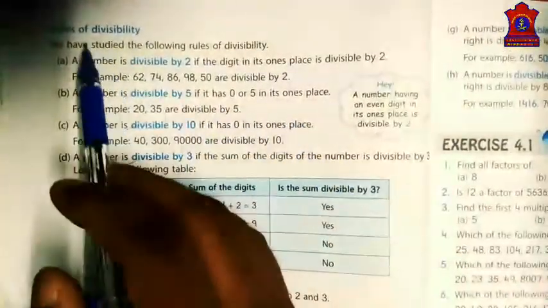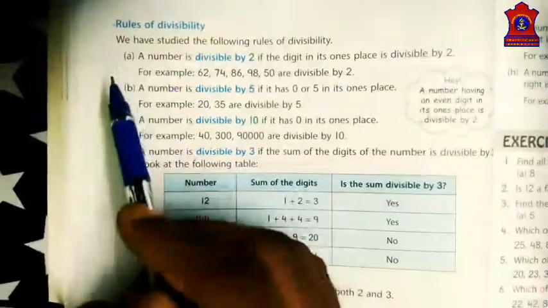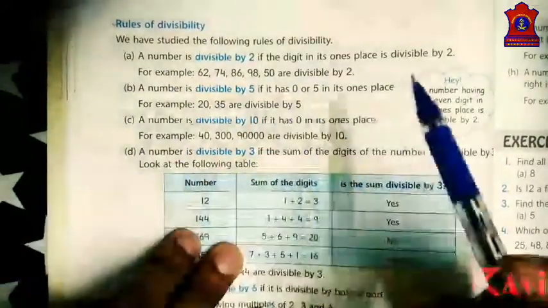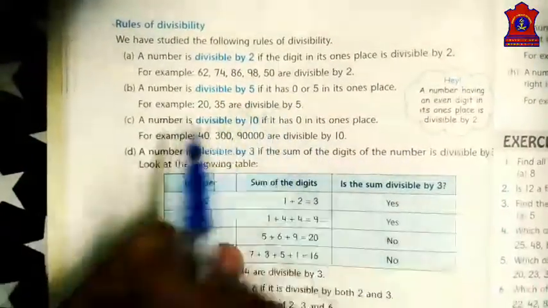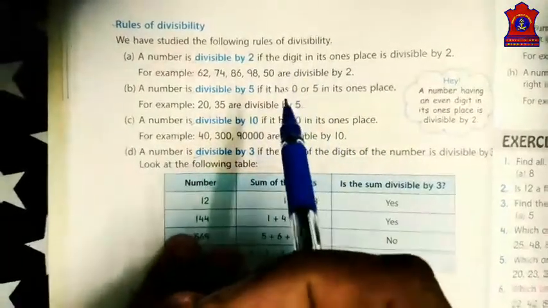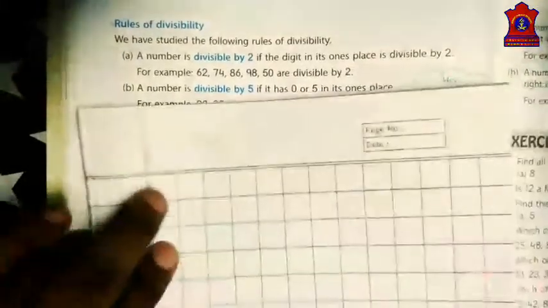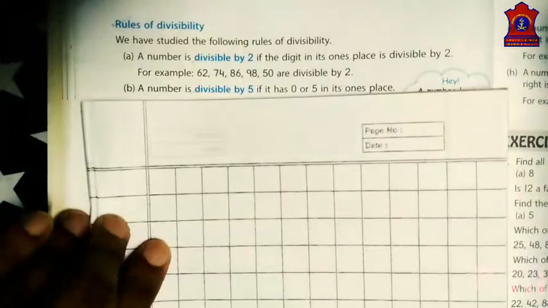Now, we will be learning about rules of divisibility. We have studied about these rules of divisibility in the previous class also. So, we are going to recapitulate all the rules of divisibility. So, first is the rule of divisibility of 2.